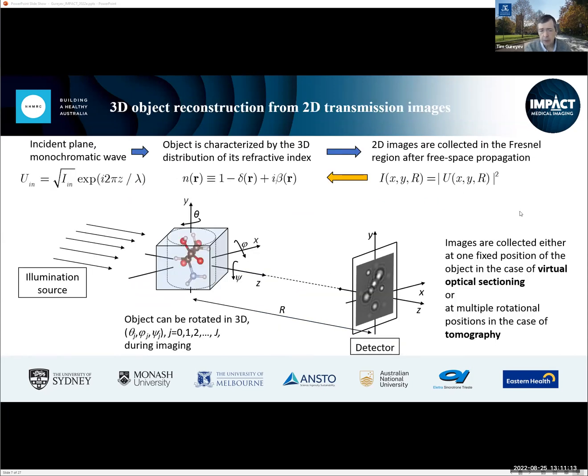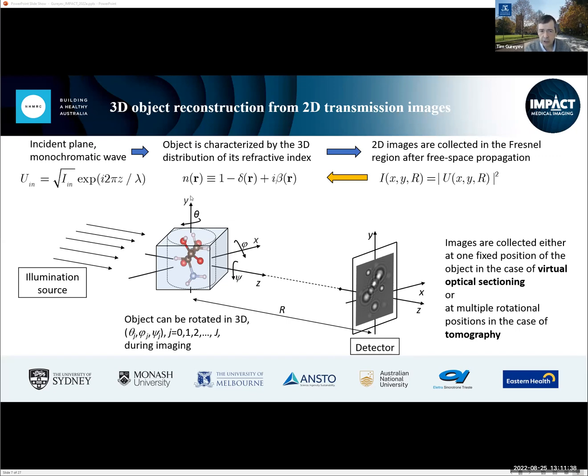Quite often, we want to reconstruct not just the projected density of an object, which one could usually get directly from the absorption or phase contrast image, but the whole three-dimensional distribution of a particular property in the object.